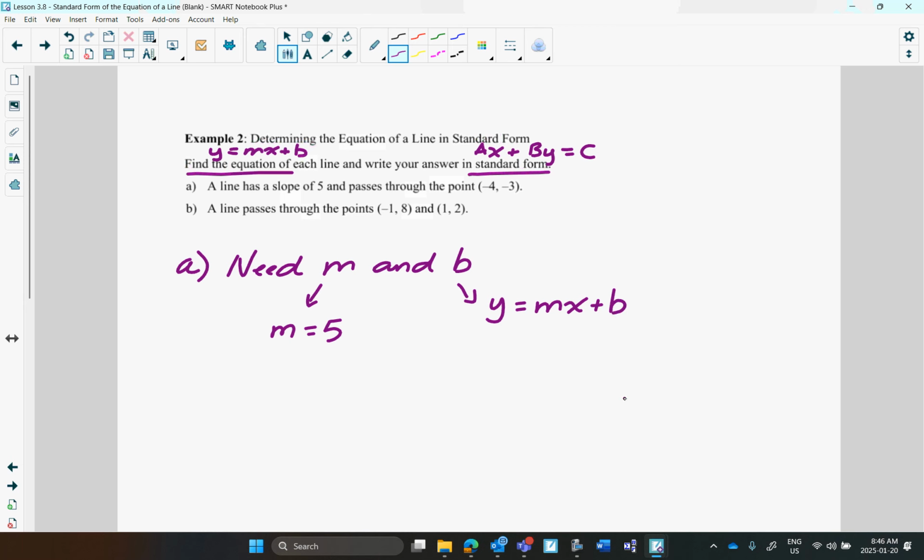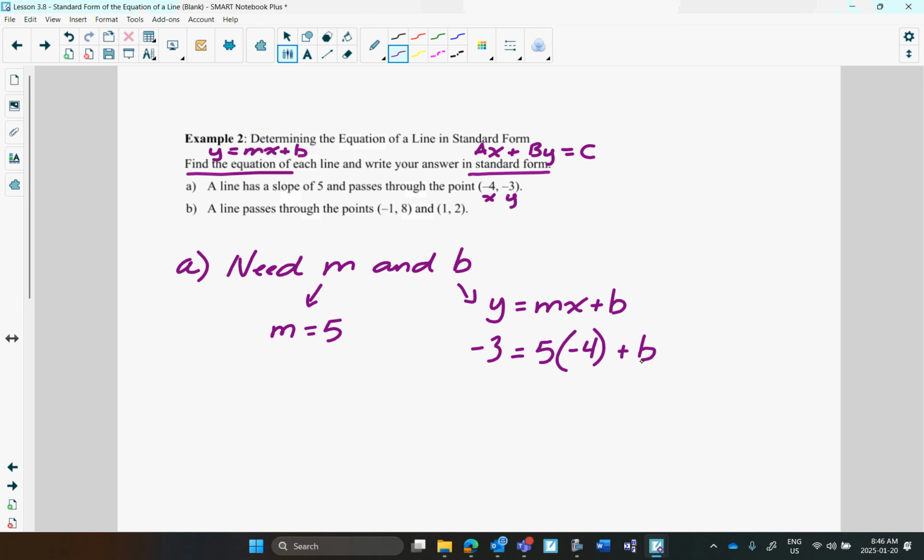So therefore, we're going to use the slope, and we're going to use a point on the line to find b. Our point on the line is negative 4, negative 3. So those are going to be x, y. So instead of y, it's negative 3. M is 5. Instead of x, it's negative 4, plus b.